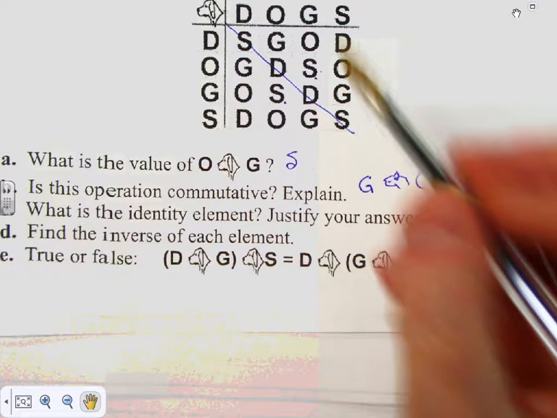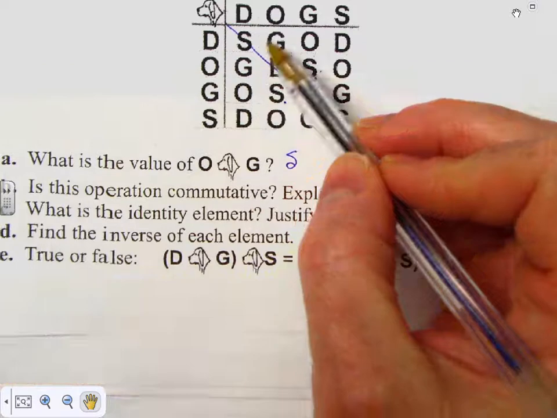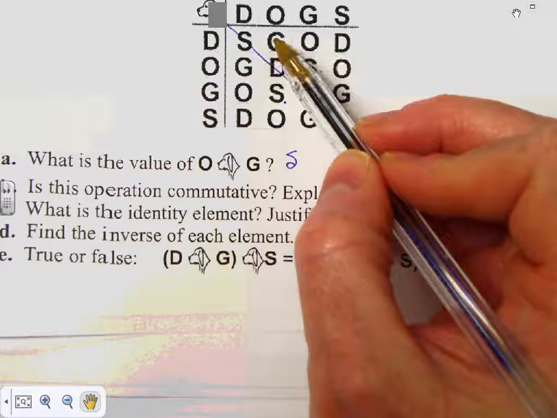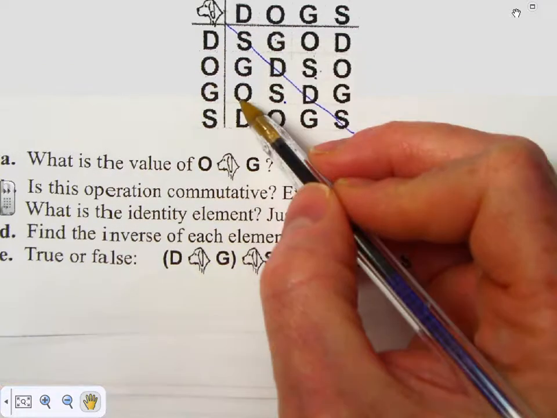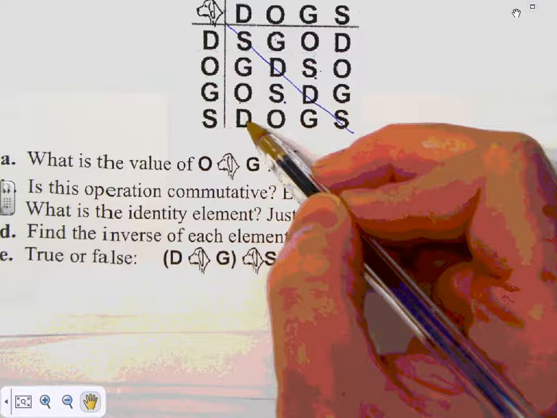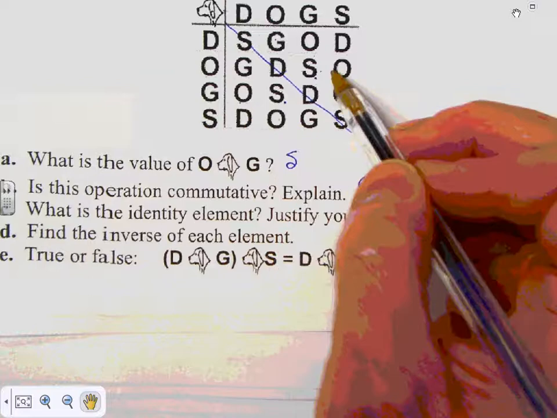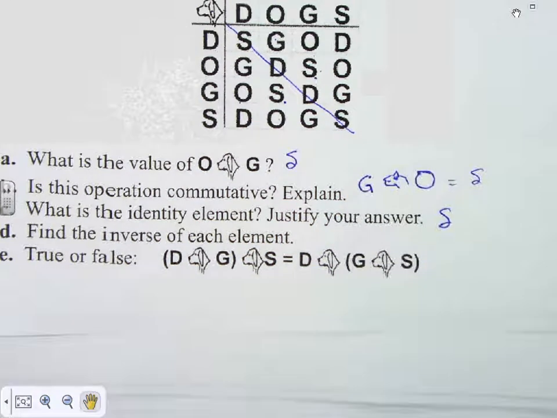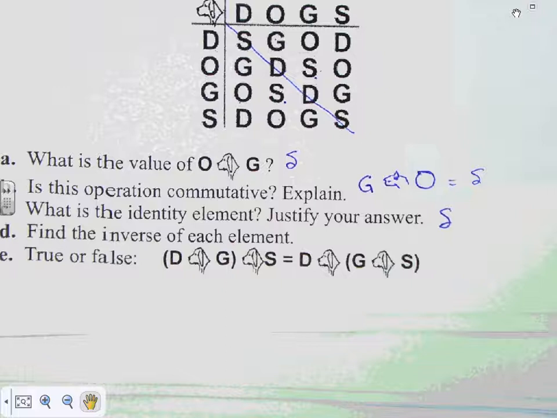On this side I have a G, and directly across from it I have a G. On this side I have an O, and on this side I have an O. On this side I have a D and S, and a D and S. Notice how you could fold them and they would overlap essentially in the same location? It's kind of cool, right?